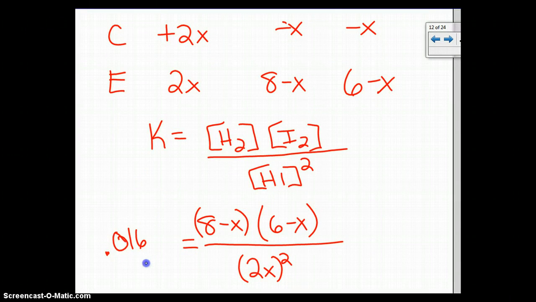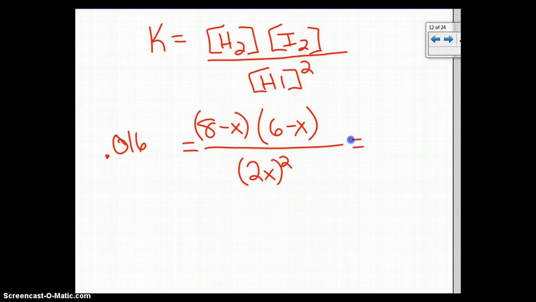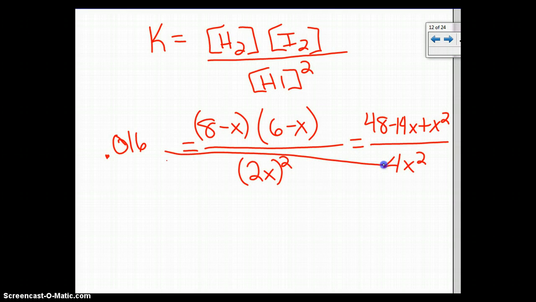Okay, all right, so now it's just a matter of doing the math. On this side, we have FOIL: first, outside, inside, last. And on the bottom, we would have 4x squared. Again, cross multiply the bottom up.